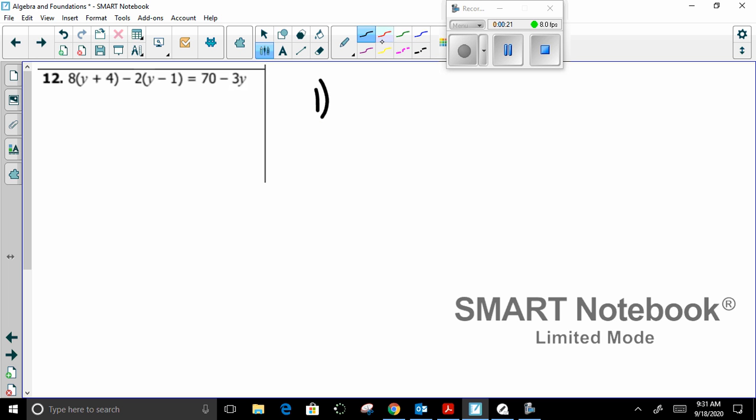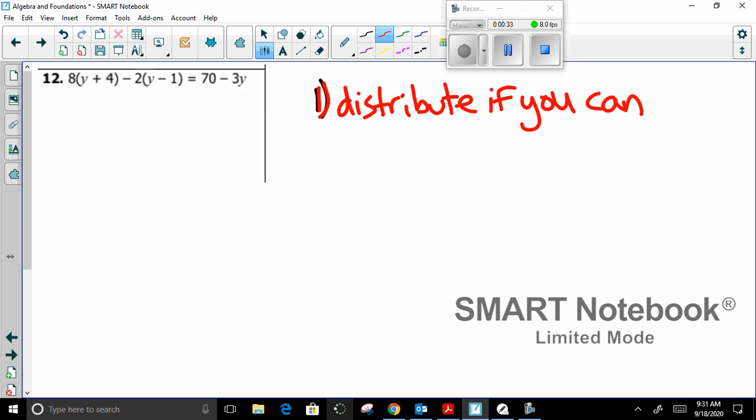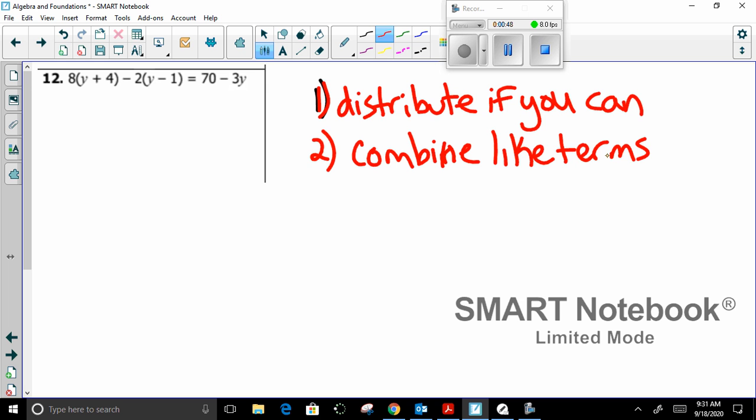The first step is to distribute, if you can. You may not always have parentheses with a number in front of it that will allow you to distribute, so only if you can. The second step is to combine like terms on left side and right side.